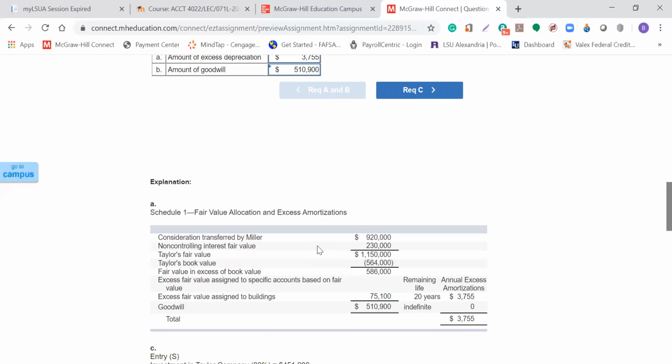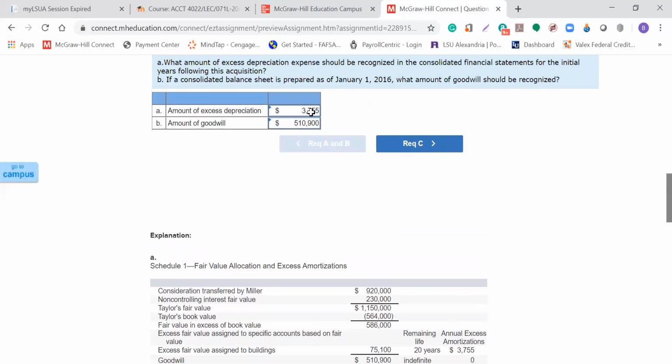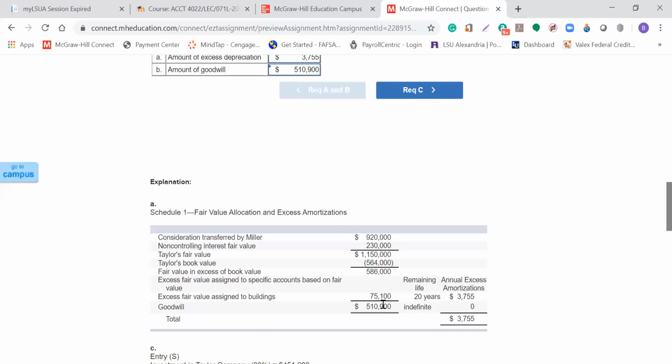The book value gives us the excess fair value over the book value. And then we look at the excess fair value of the buildings. We have to do the amortization on that. And then we get indefinite goodwill here of $510,900. So our total excess amortization is $3,755. Our goodwill is $510,900.